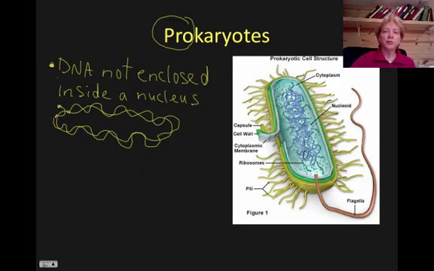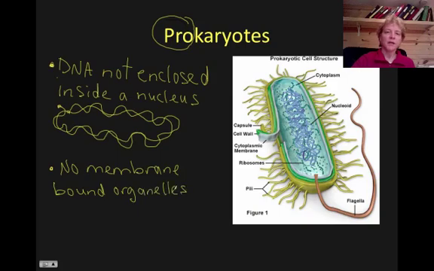The other characteristic is that the Proks do not contain what we call membrane-bound organelles. This would be like the mitochondria, the Golgi body, the lysosome, the endoplasmic reticulum, any of those that have a membrane associated with them.